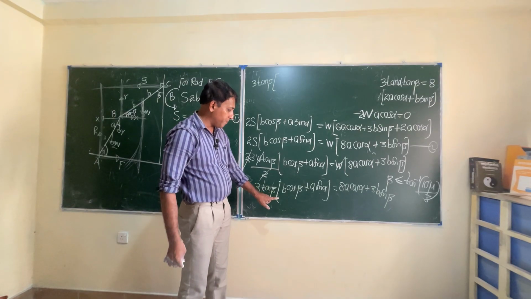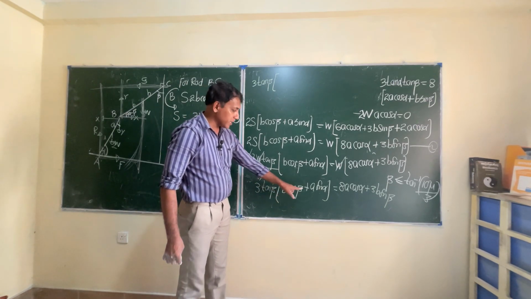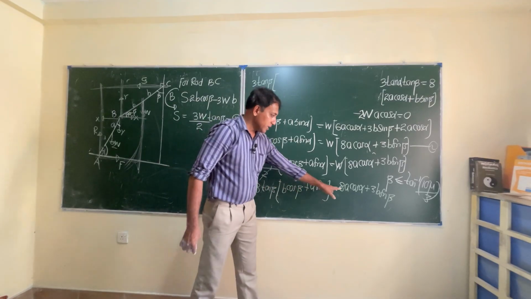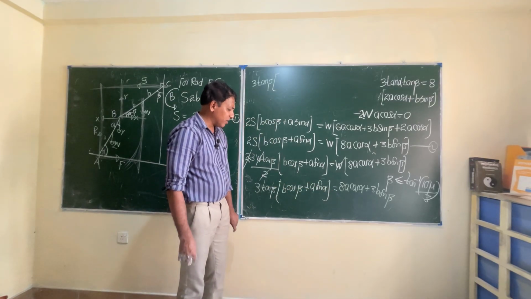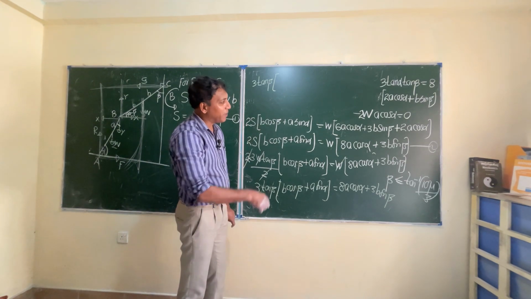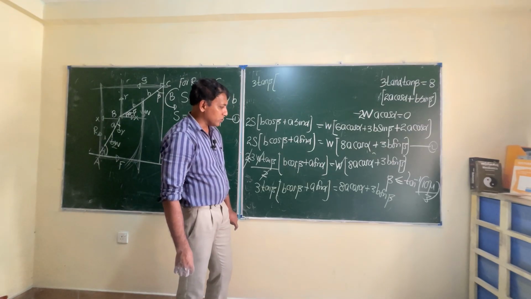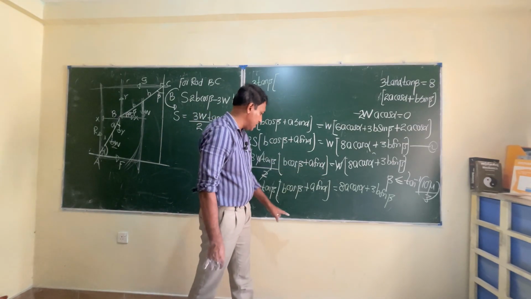Sin alpha, sin cos beta, sin alpha cos alpha. Divide all the parts by sin alpha cos alpha. Think about how this 8 comes, dividing by sin alpha cos alpha, and 3b sin beta.